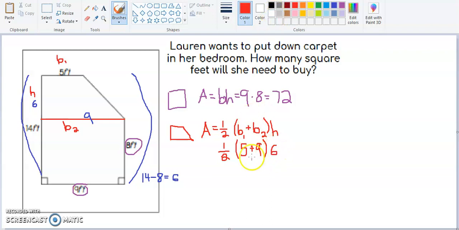So I do have to do parentheses first. So I'm going to go ahead and get 14. I'm going to do my 1/2 times 14 first. It's kind of like 14 divided by 2, so I get 7. 7 times 6 is 42.